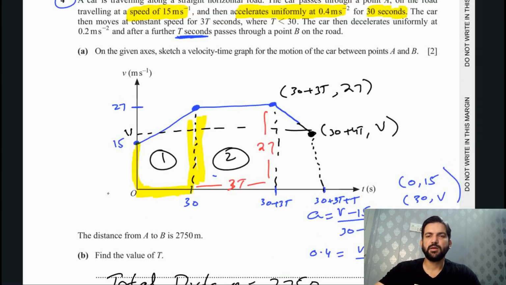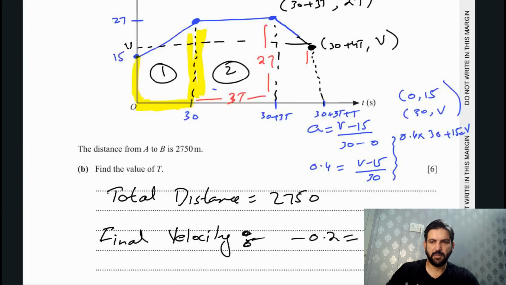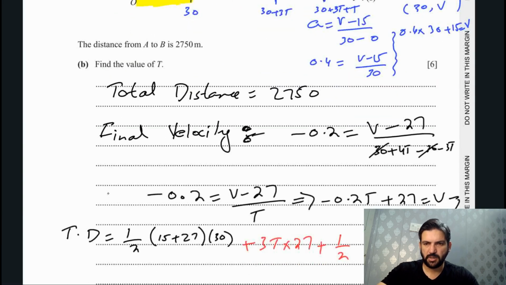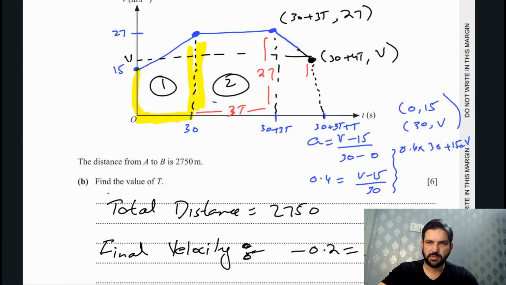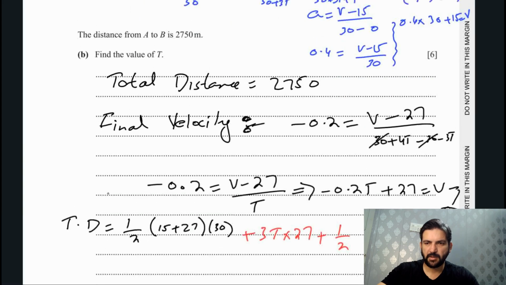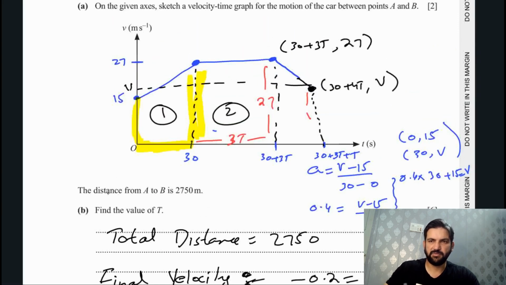So for the trapezium, this whole length is basically the vertical distance. The value of velocity was, yes, this one is v, this length is v, and this whole length is 27.